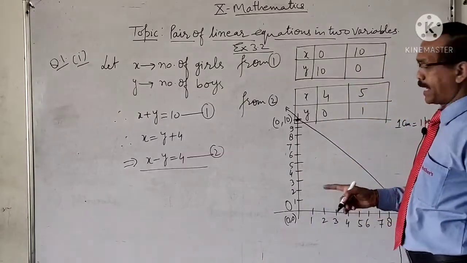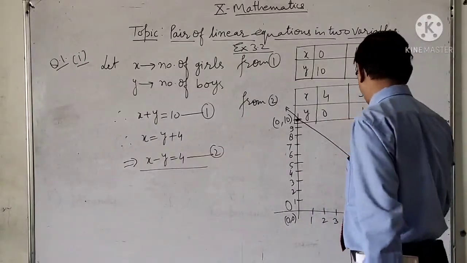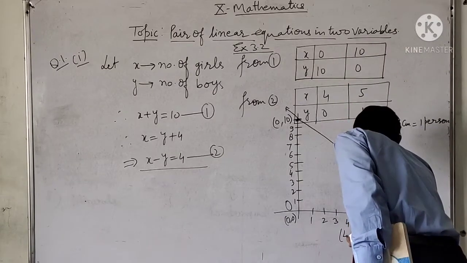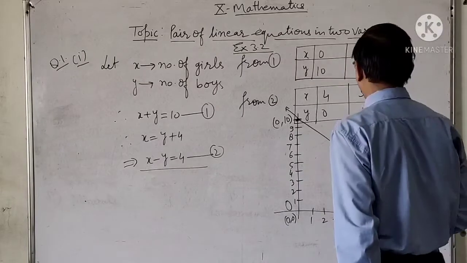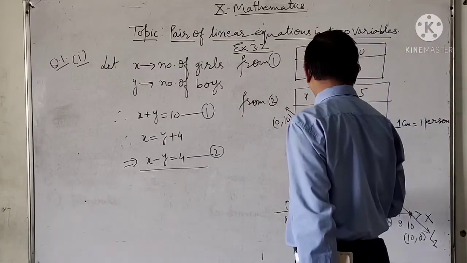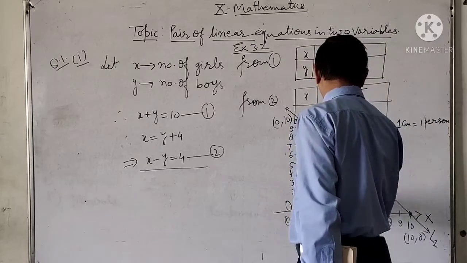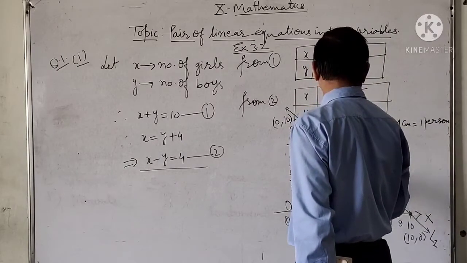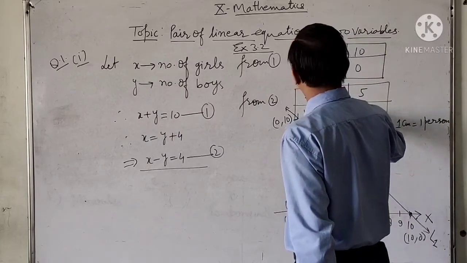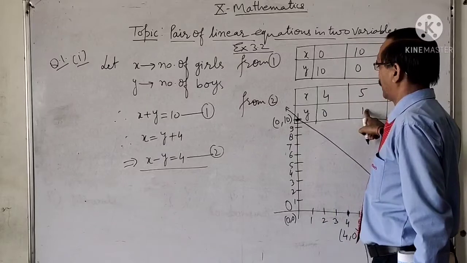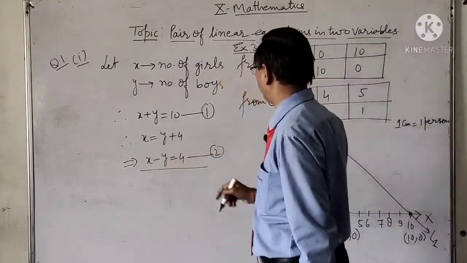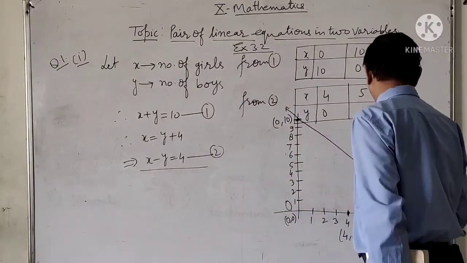Now, when x is 4, y is 0. Another is 4, 0. Then x is 5, y is 1. Their difference is 4.